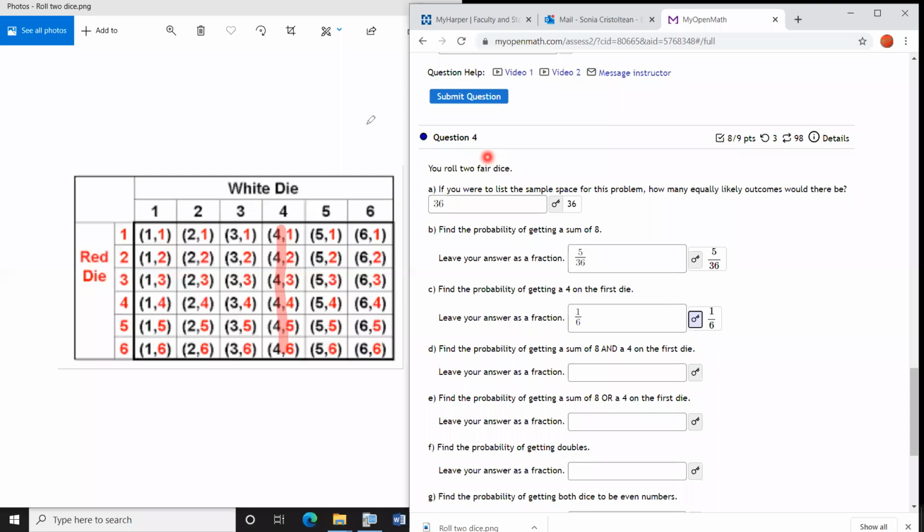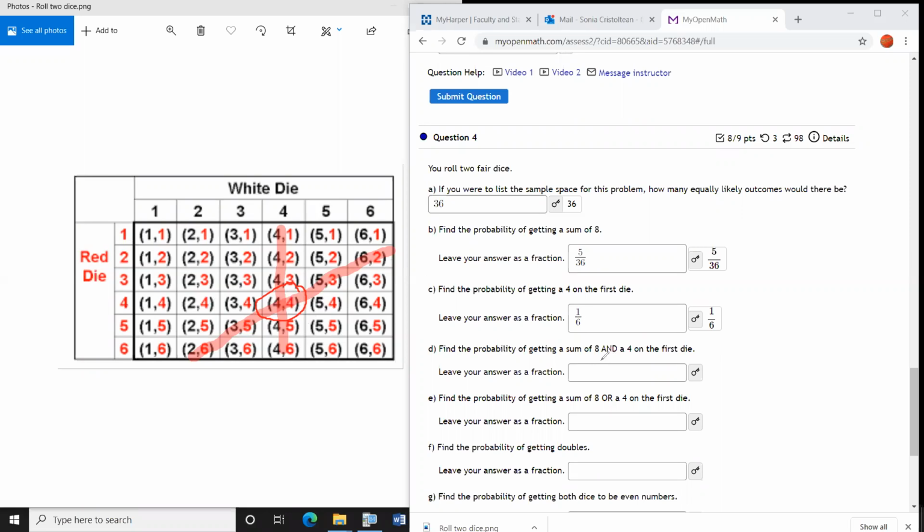So I will simply, again, try to identify the sum of 8. Here we have the sum of 8. I already have my column with 4 on the first die. Do we see anything in common? Yes, we see. Hopefully you do see the same thing that I see right here. This is the only pair that is on both, which means I have only 1 out of the total number of 36.